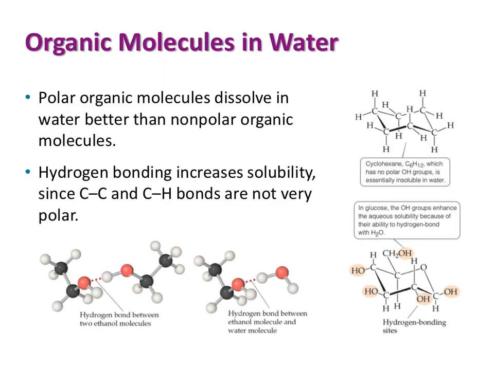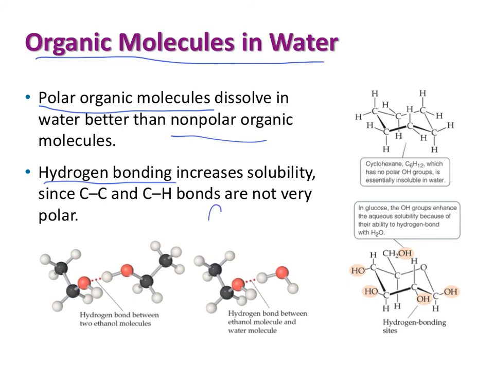So to tie together a little bit of what we learned in the previous chapter, for example, with organic molecules in water, polar organic molecules dissolve in water better than non-polar ones. And it makes sense because if you think of IMFs, for example, hydrogen bonding, you have that possibility with an organic molecule containing an OH bond.